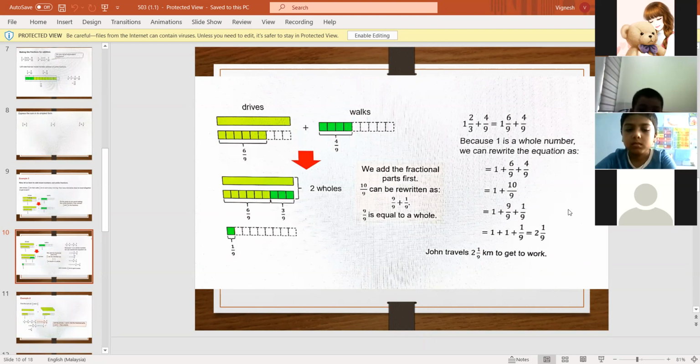Class, understand or not? Write your homework. Yes, teacher. Okay, understand how to convert an improper fraction into a mixed number, and how to convert unlike fractions into like fractions?